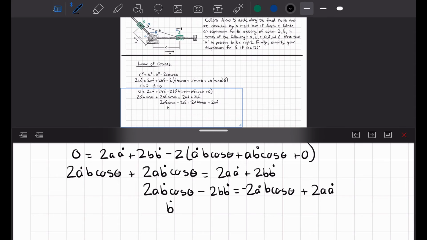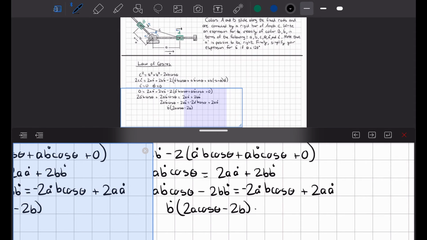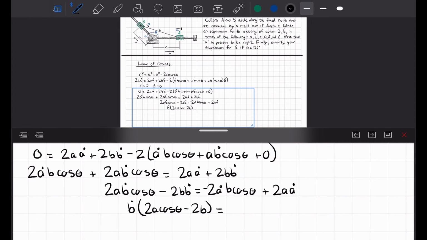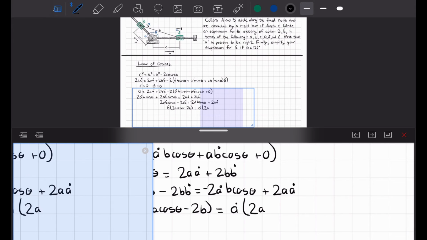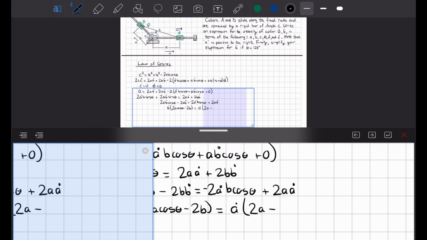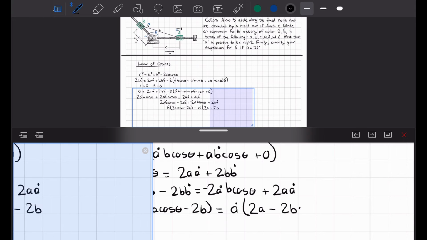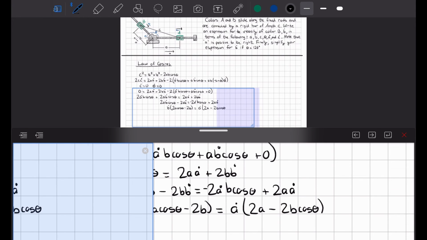Okay, we'll collect our terms. We'll have b dot times 2a cosine theta minus 2b is equal to, you know what, we'll actually pull the a dot out as well. A dot times 2a minus 2b cosine theta.